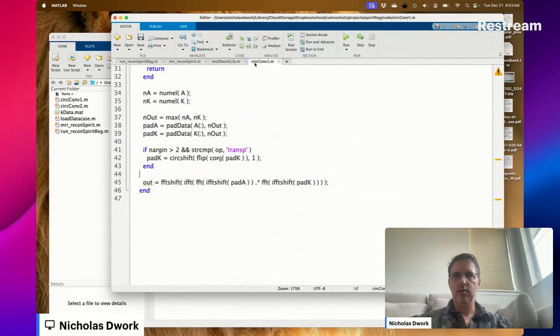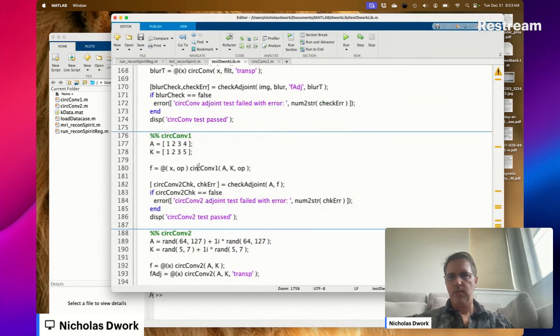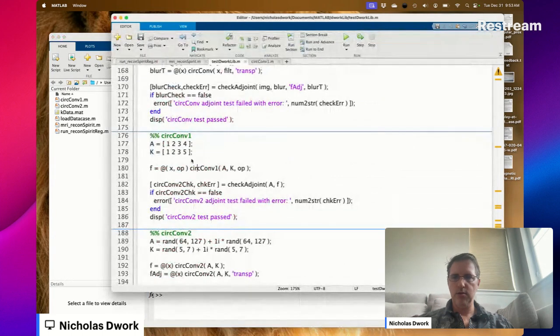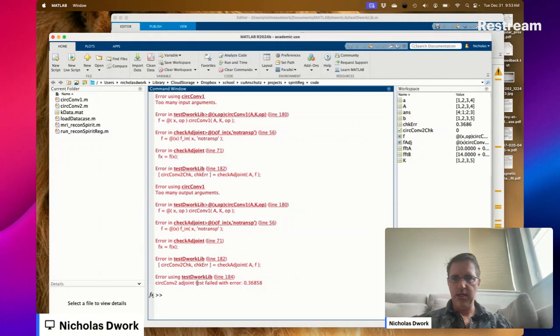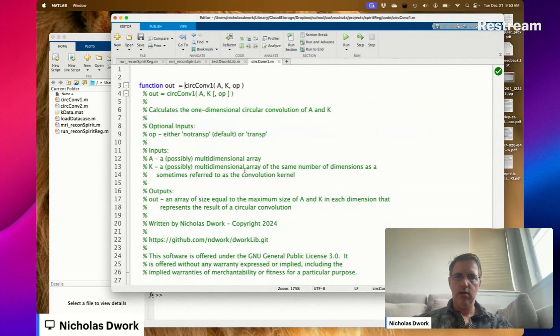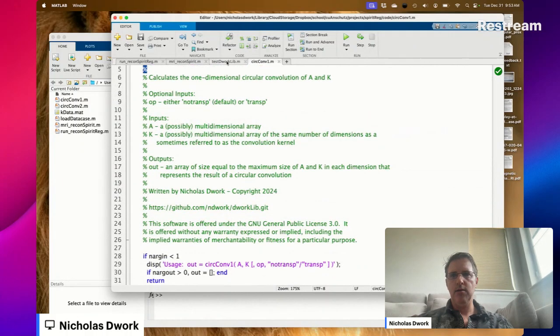Too many output arguments. Okay, so now it's running, but it's telling me that the adjoint test failed. Maybe I believe that. Okay.